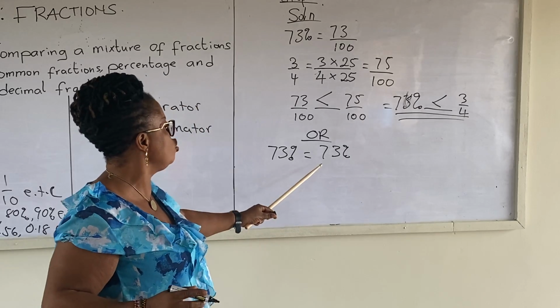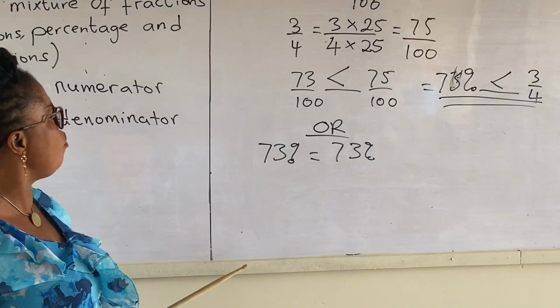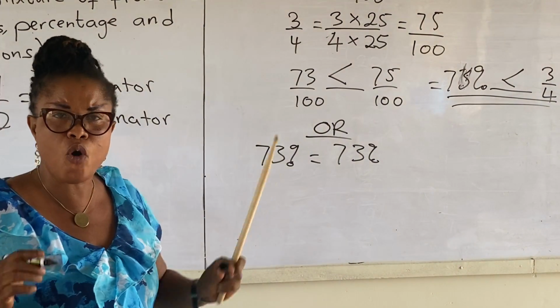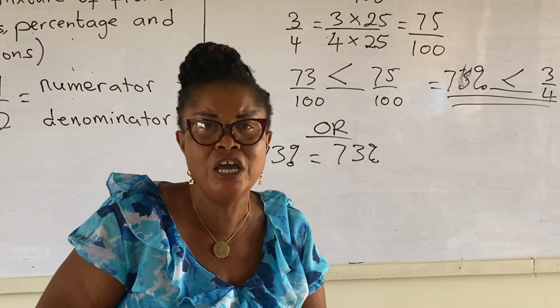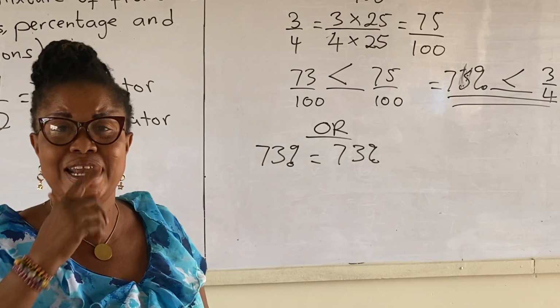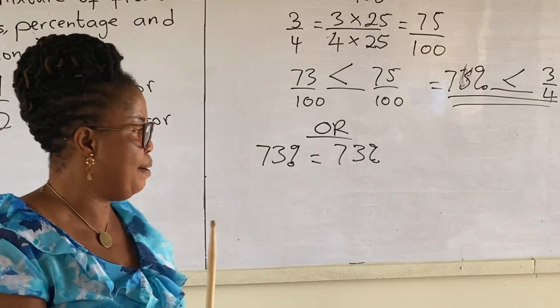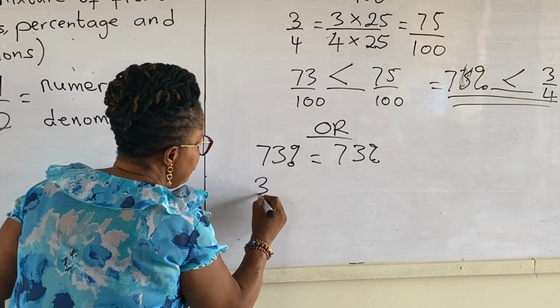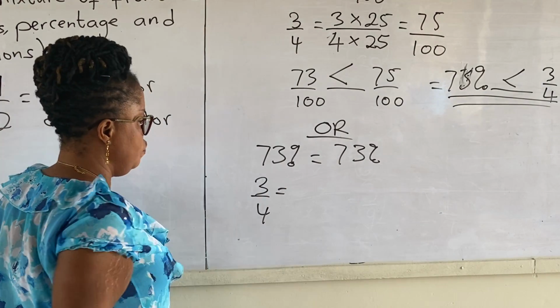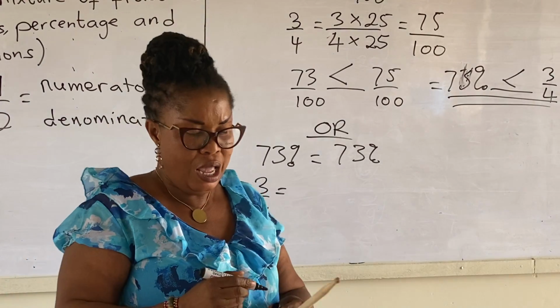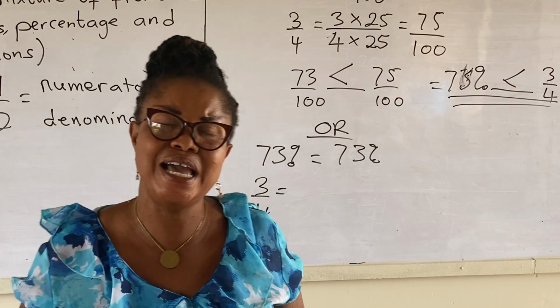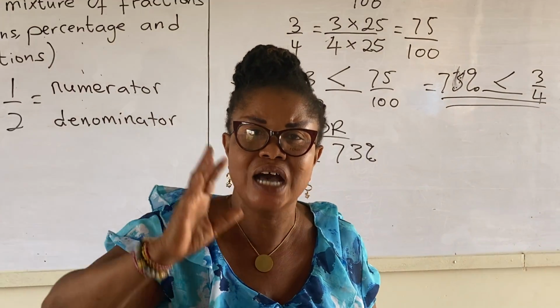So we are not going to change this again. We are going to change 3/4 into percentage to enable us to compare them. Now let's change. We know every time we talk about percentage, we talk about 100.